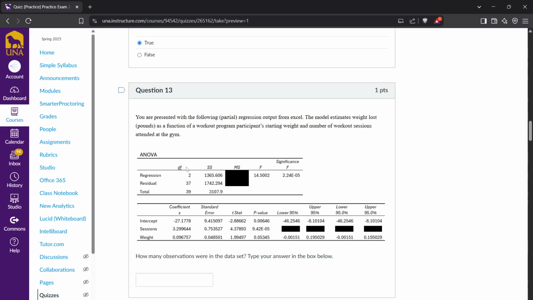Here in the ANOVA table for Excel is the denominator you would find if you were using the regular formula for sample variance with this sum of squared variation, which is the numerator for variance, in the variable y. So this number divided by this number would be the sum of all the yi minus y bar squared divided by n minus 1.